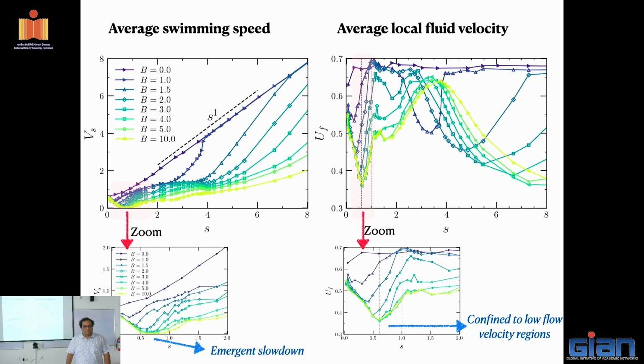Let's very quickly, using very simple observables, try to see what is happening in the flow. Let's look at the average swimming speed. I take the swimming speed of each and simply average.